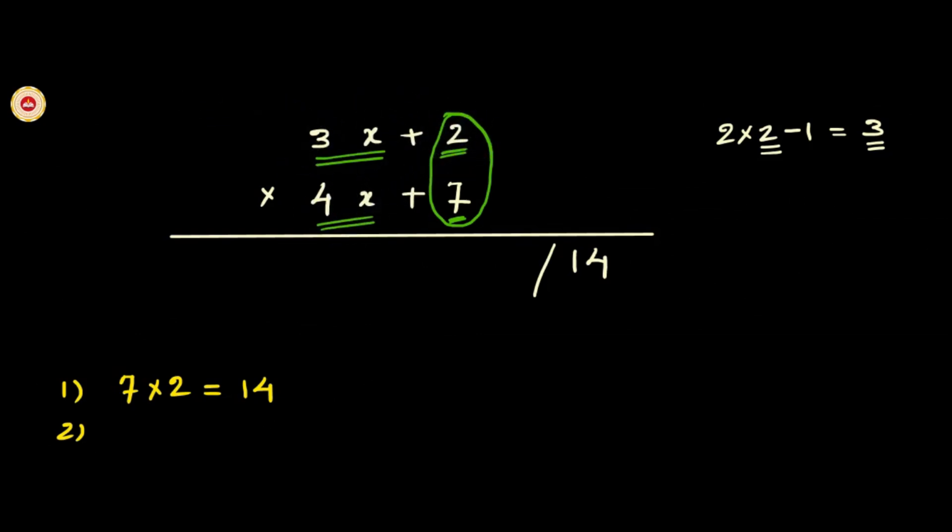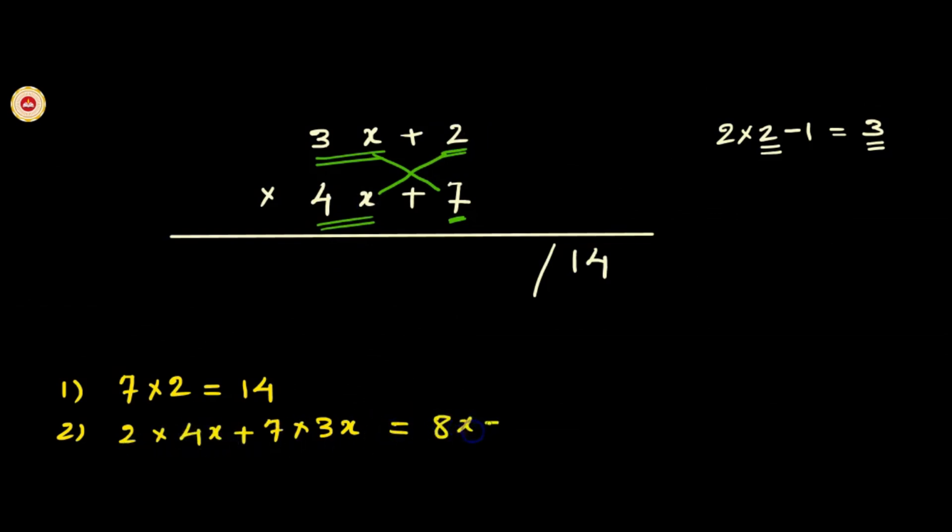Now there are two columns, so we multiply the digits crosswise. The second step is 2 multiplied by 4x plus 7 multiplied by 3x, which is equal to 8x plus 21x, which is equal to 29x.